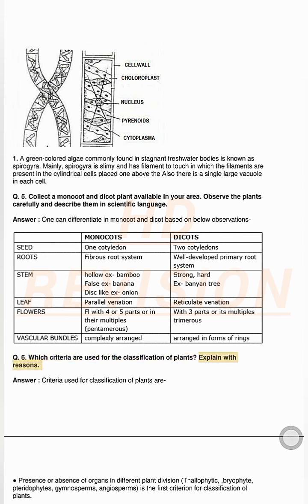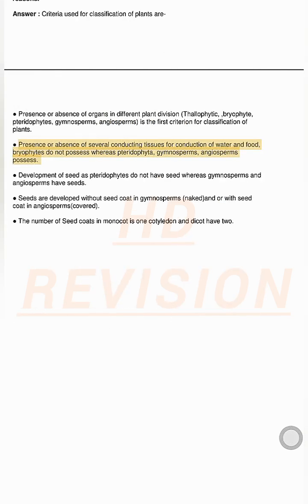Explain with reasons. Answer. Criteria used for classification of plants are presence or absence of organs in different plant divisions: thallophytes, bryophytes, pteridophytes, gymnosperms, angiosperms, is the first criterion for classification of plants. Presence or absence of conducting tissues for conduction of water and food.